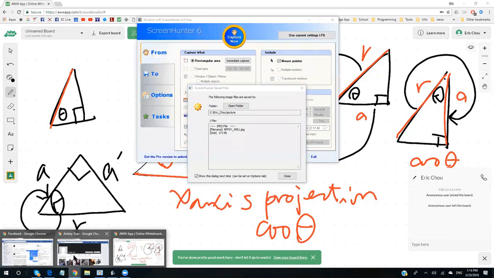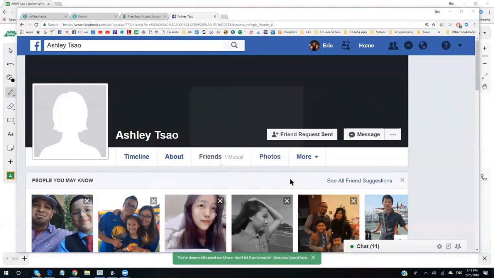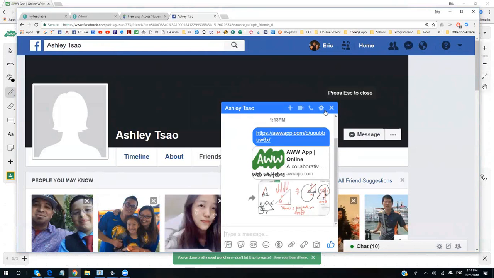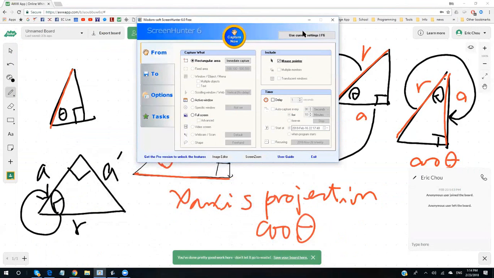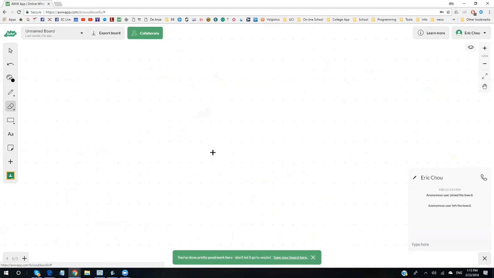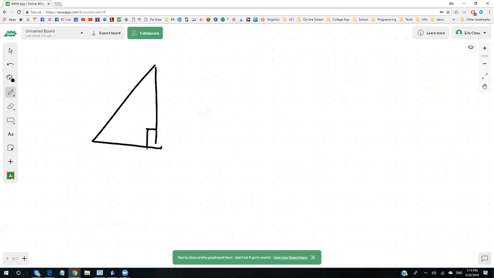Now I clean this. Make the eraser bigger. I have a right triangle like this.